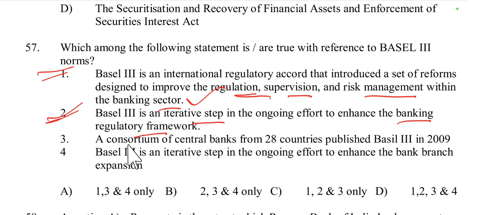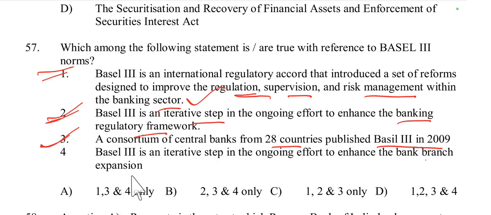Then a consortium of central banks from 28 countries published Basel III in 2009. Yes, this is also right. Then option number 4, Basel III is an iterative step in the ongoing effort to enhance the bank branch expansion.